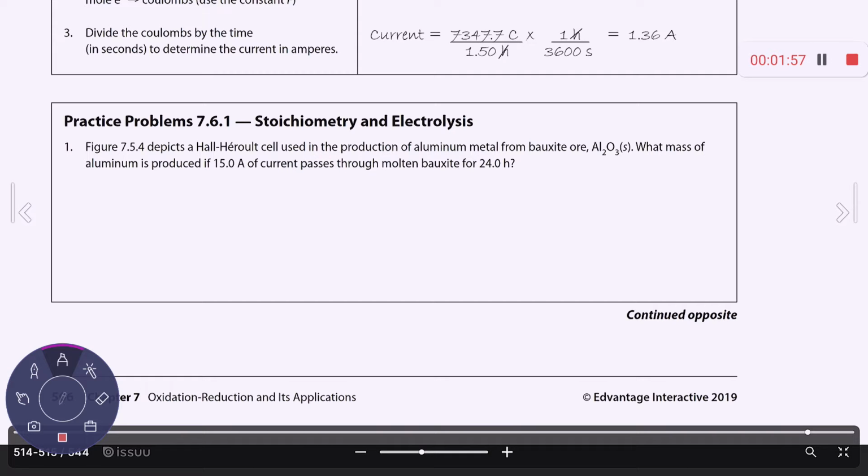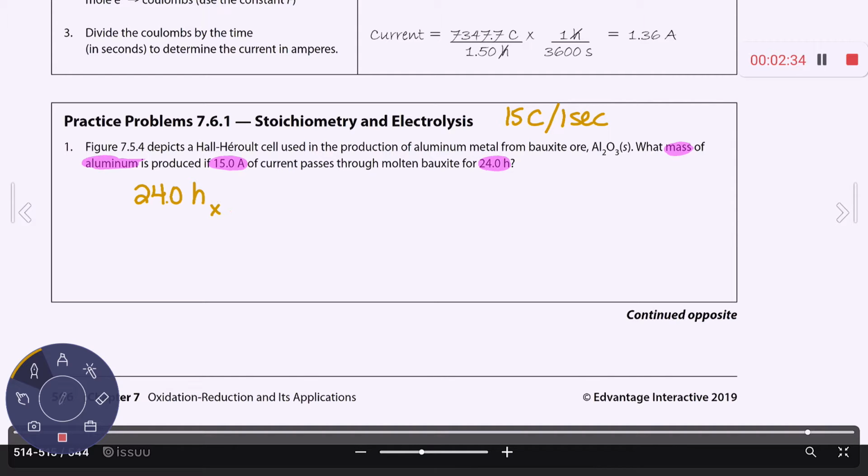Figure 7.5 depicts a cell used in the production of aluminum metal from bauxite ore. What mass of aluminum is produced if we have 15 amps going through molten bauxite for 24 hours? So we're going to take the 24 hours and convert hours to minutes, minutes to seconds, and then we will use the conversion of 15 coulombs per second once we get there.